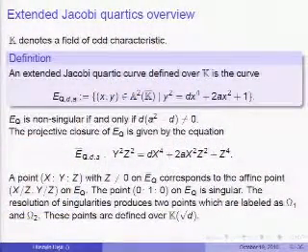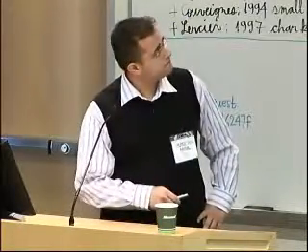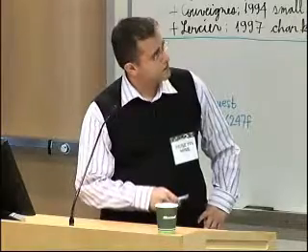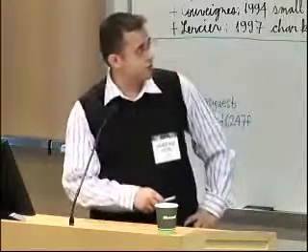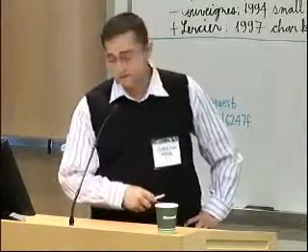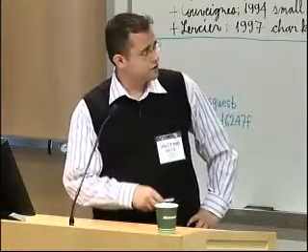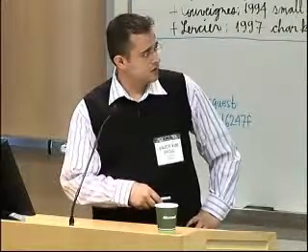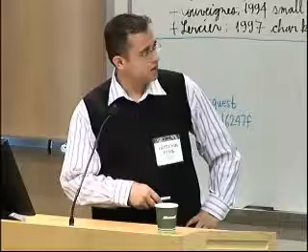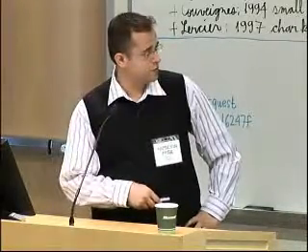I'll start by giving some basic properties of Jacobi quartic curves, just to remember. This affine curve is called the Jacobi quartic curve, and it is non-singular provided that delta is non-zero. The usual projective closure is given by this homogeneous projective equation, and if z is not 0, a triple corresponds to the affine point in the usual sense.